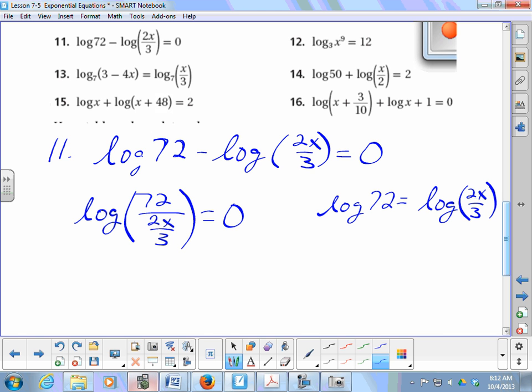Now, one of those definitely looks easier than the other one. The second one looks easier than the first just because I have this ugly fraction here. So if we focus over here on the right, we could say that 72 equals 2x over 3.